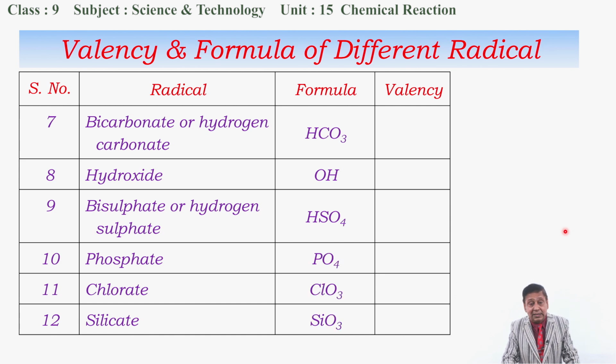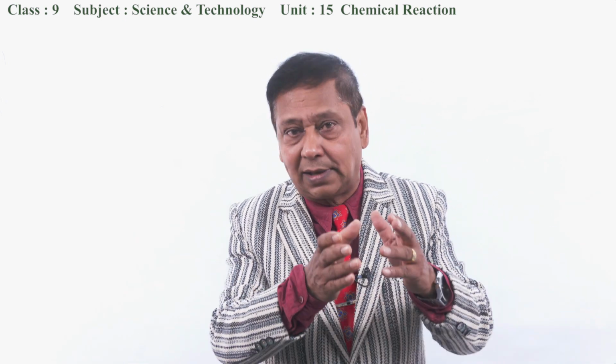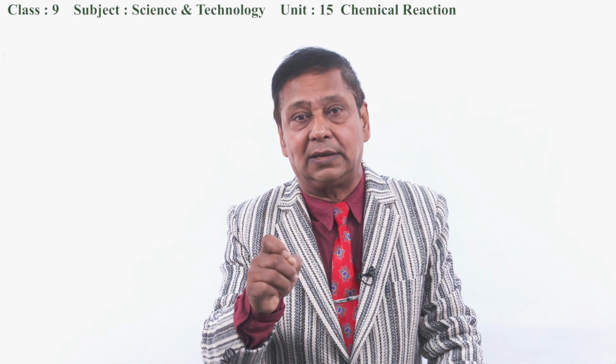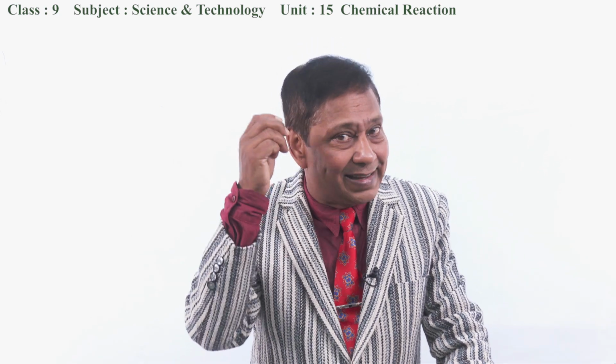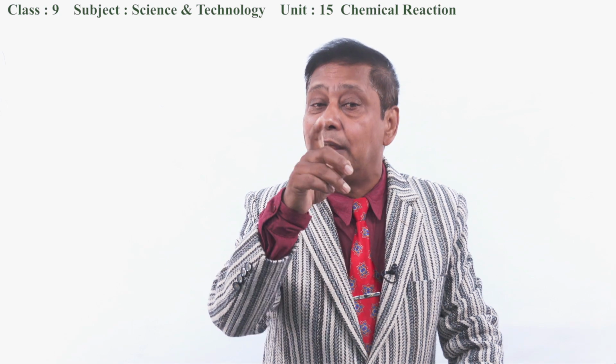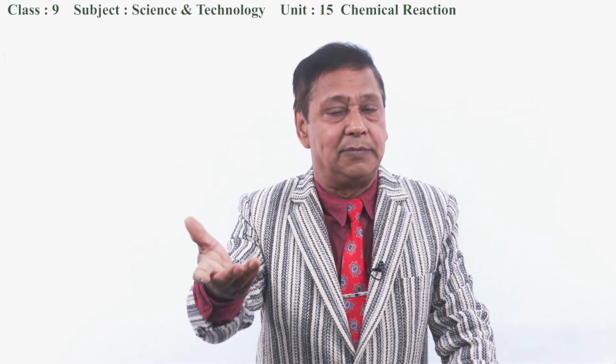Their valencies are: bicarbonate 1, hydroxide 1, bisulfate 1, phosphate 3, chlorate 1 and silicate 2. Their valency is different. Do you remember all this? It was given in the previous class also. You must have a clear idea about this, otherwise we cannot write the chemical reaction. The valency and symbol of elements, and the valency and formula of radicals, must be remembered before writing the chemical reaction.